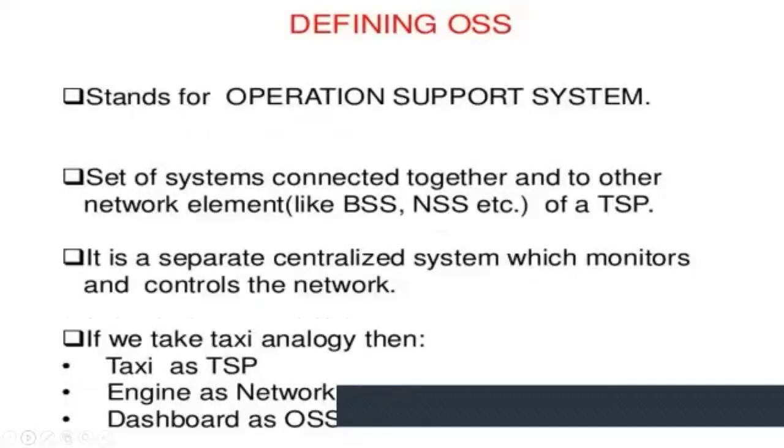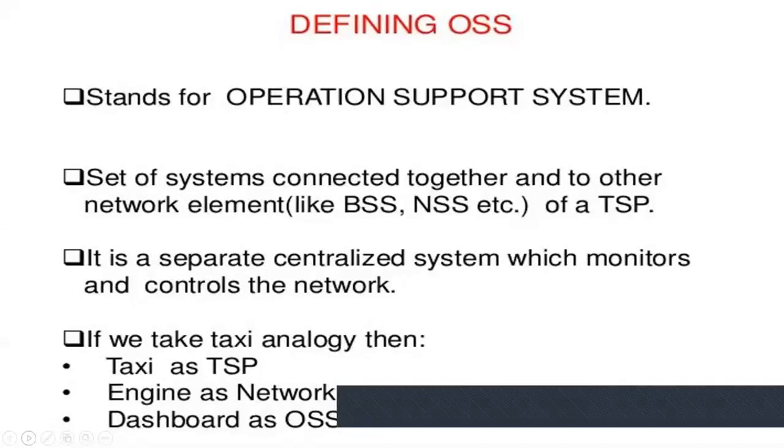Defining OSS, it stands for Operation Support System, a set of systems connected together with the other network elements like BSS and NSS. It is a separate centralized system which monitors and controls the network.